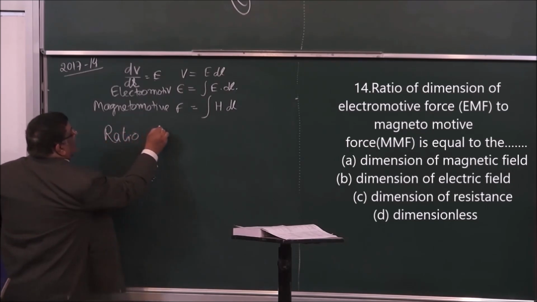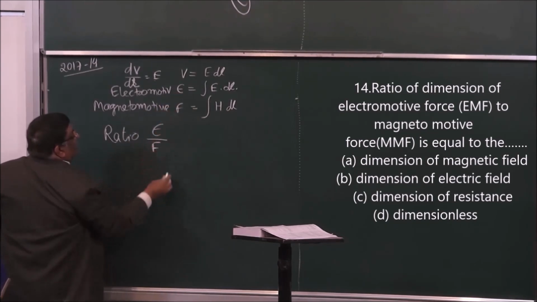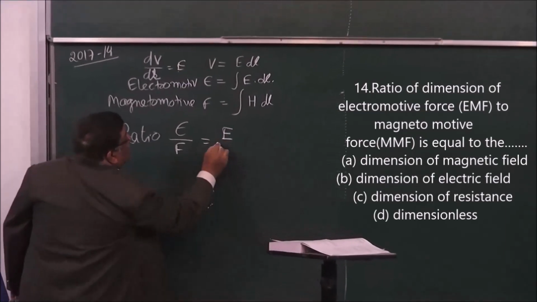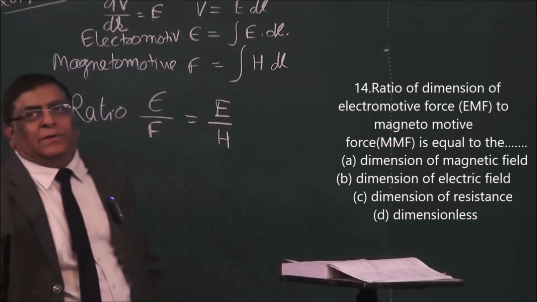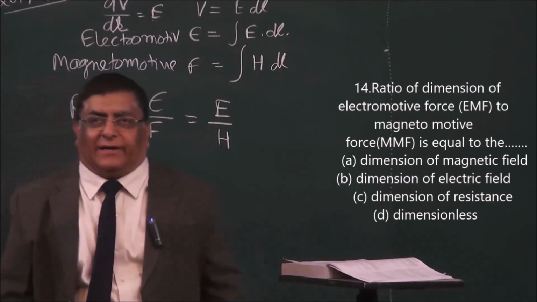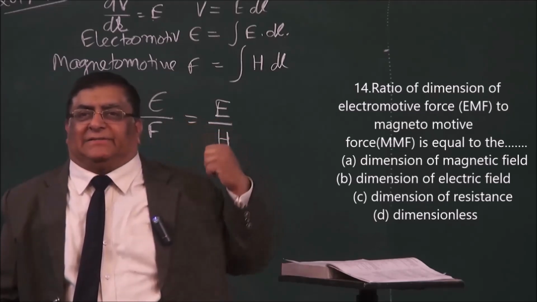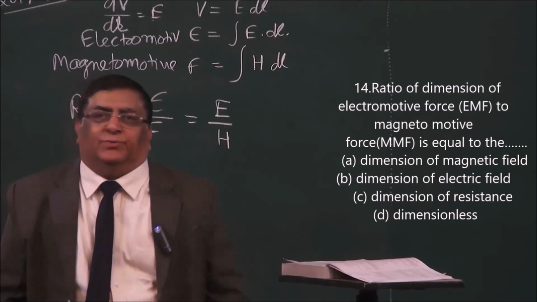Ratio is EMF divided by magnetomotive force is equal to electric field divided by magnetic field. So, electric field divided by magnetic field. From our knowledge, this is our test. Whether we know what is E upon H equal to.